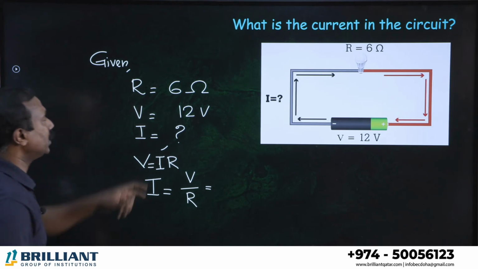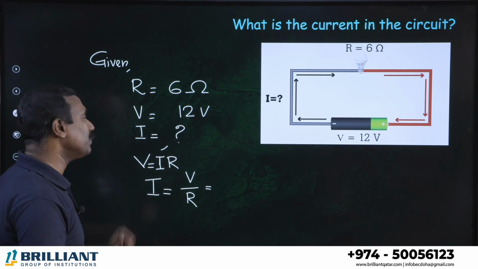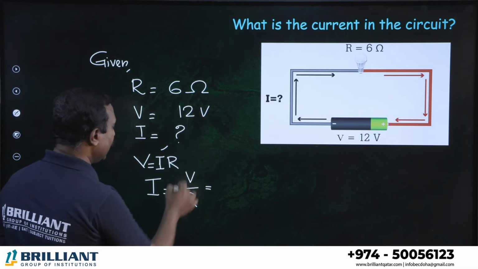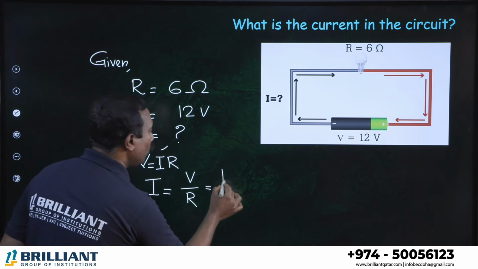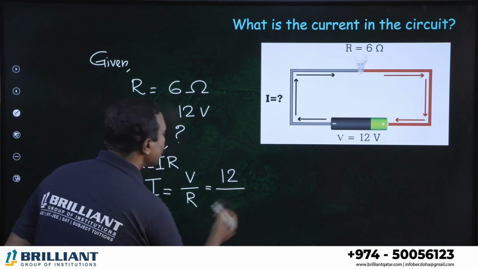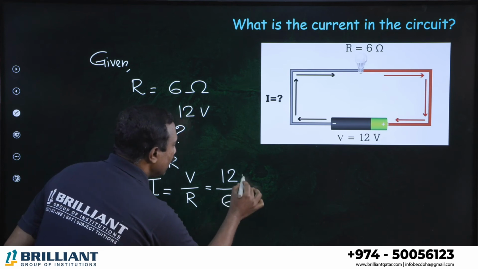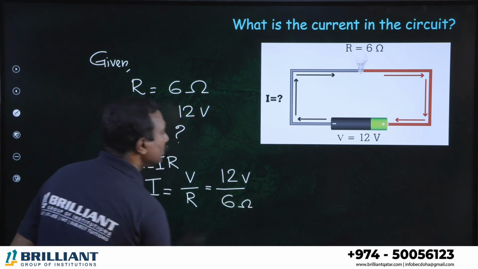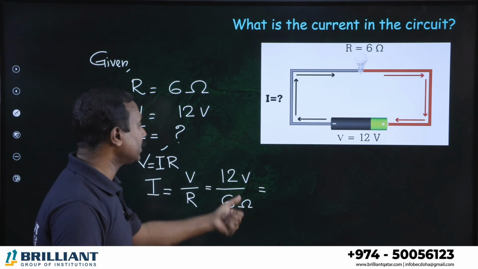Now can we substitute the given values? Definitely, we can substitute all these values in this mathematical expression. So what will you get then? V is equal to 12 volt, and resistance is given by 6 ohm. So it's 12 volt over 6 ohm. By solving this, 6 and 12 cancel each other, right?